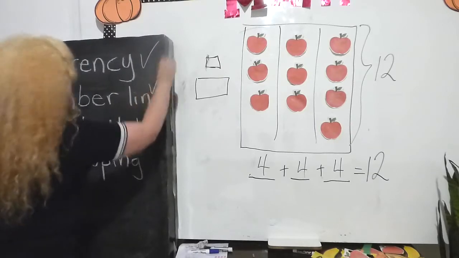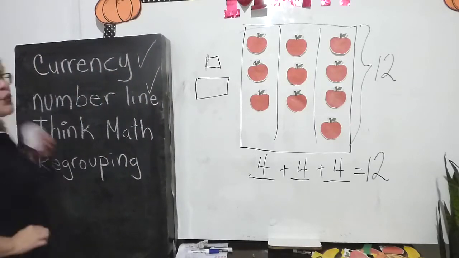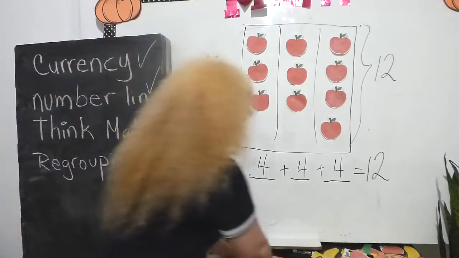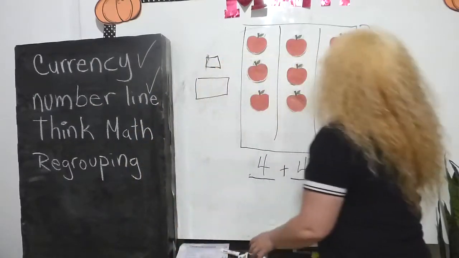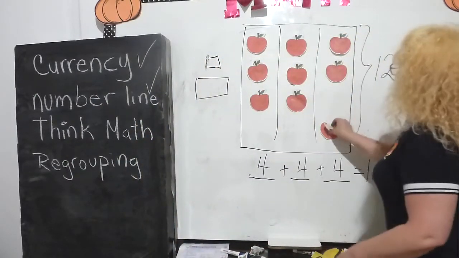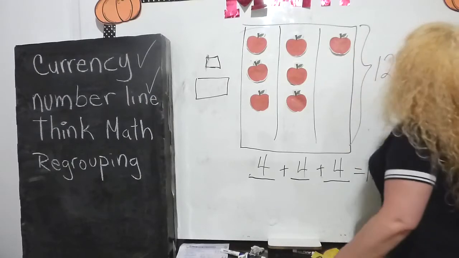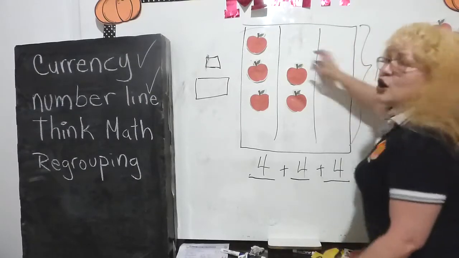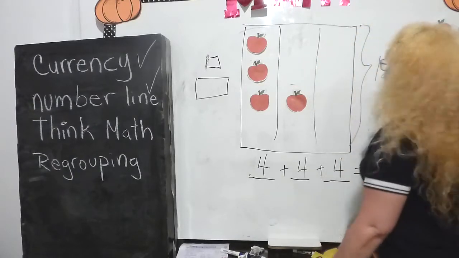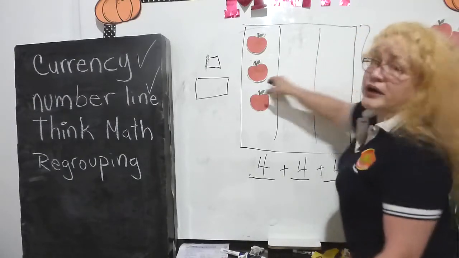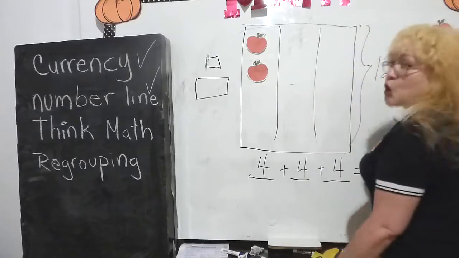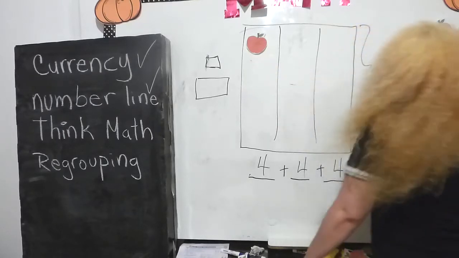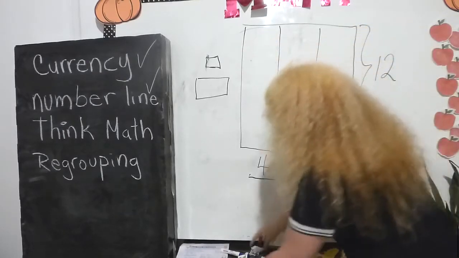You number line, we know it, and then think math. That was one of the last topics, and I love it because that helps you use math wherever you are and to solve problems. Okay, so I'm going to move my apples.